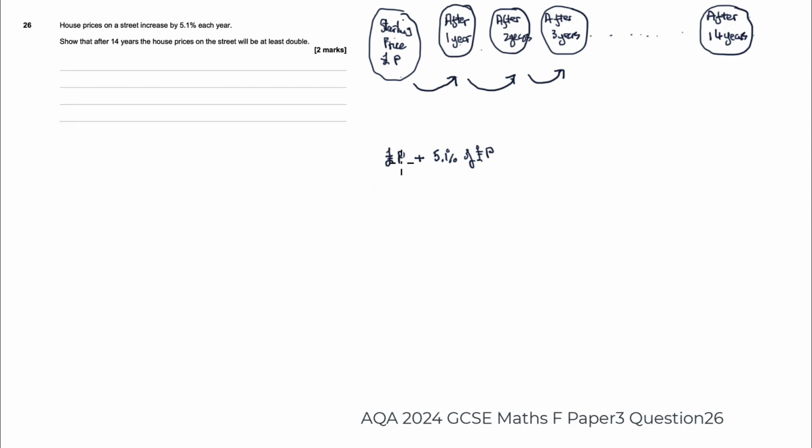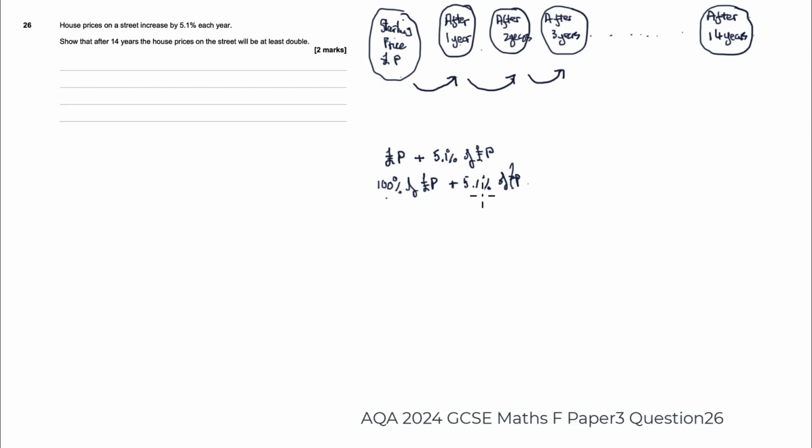So if we start with this price, the whole of this price, in effect 100% of the initial price, and add 5.1% of that price, then what have we got? We've got 100% of it plus 5.1% of it.